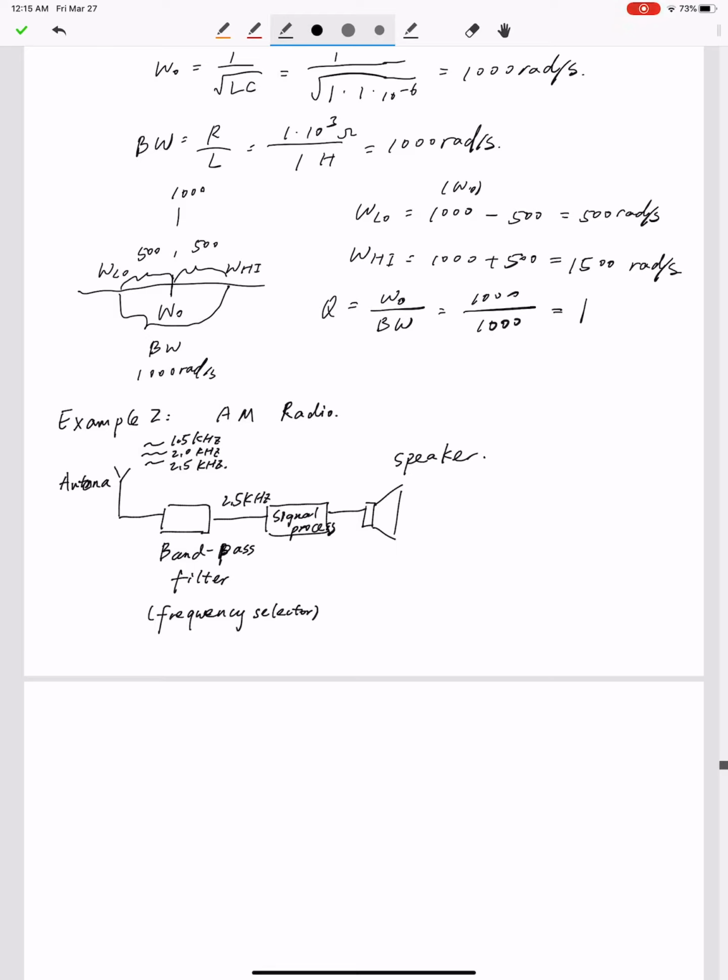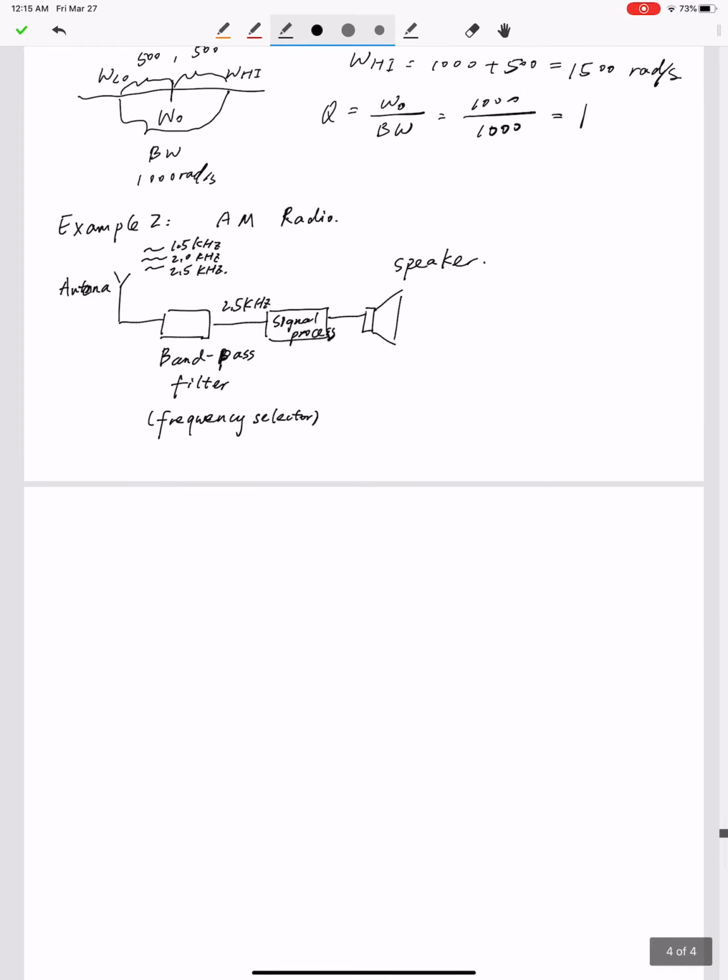So that's the general diagram of how a radio works. And in this example, I want to focus on this bandpass filter, because this is related to our topic.